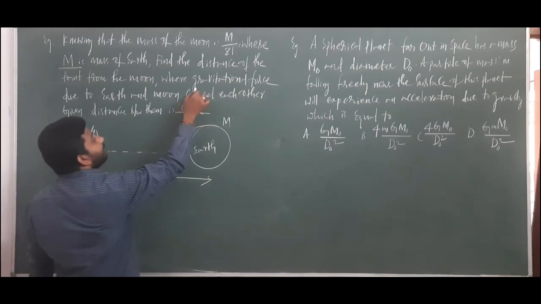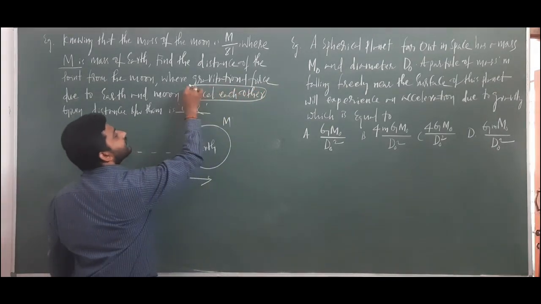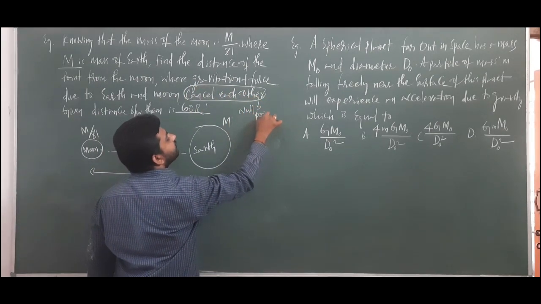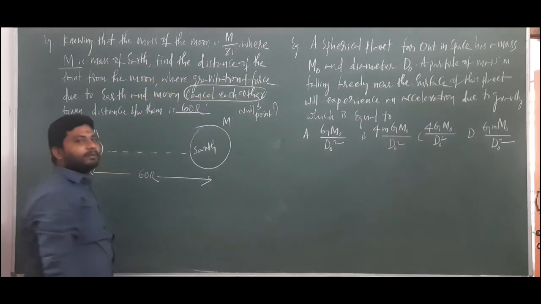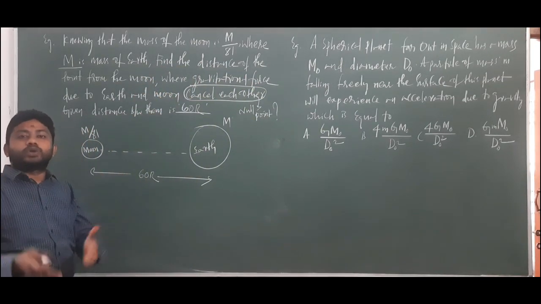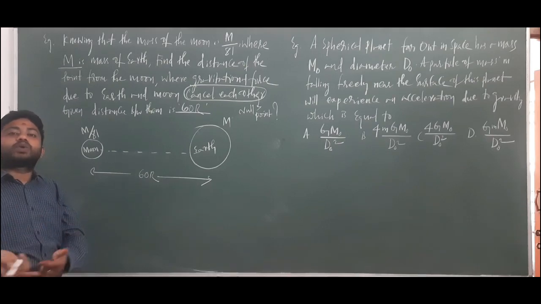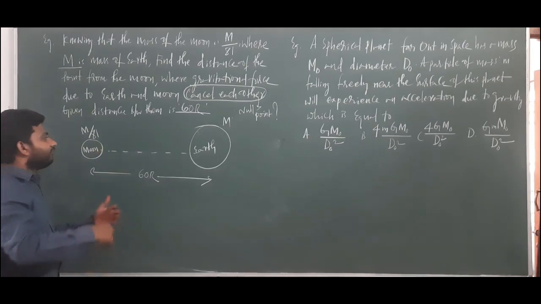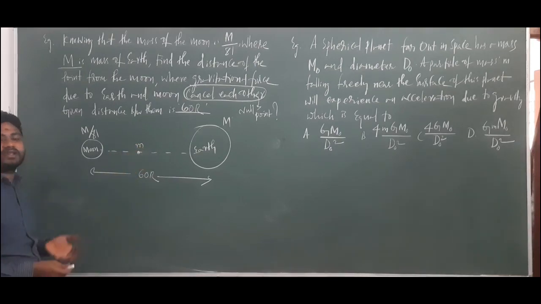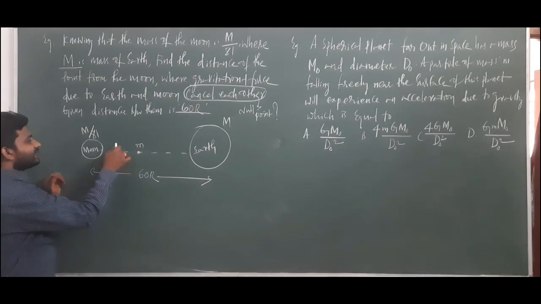Cancel each other, immediately you should understand the point. They are asking about a null point. I hope it's very clear for you. To find the null point, what you need to do? You need to recollect the previous concept. We need to keep a small test mass of small m at a distance x.